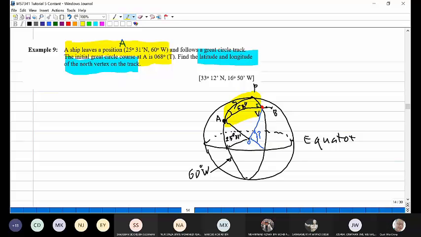Usually I will try to find out what we know about the triangle here.